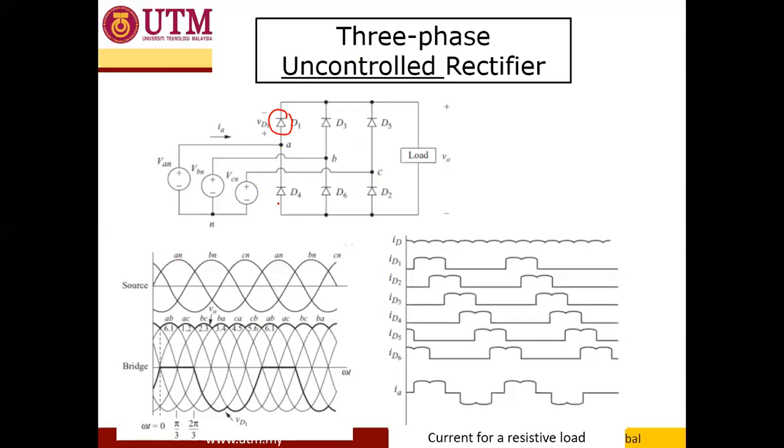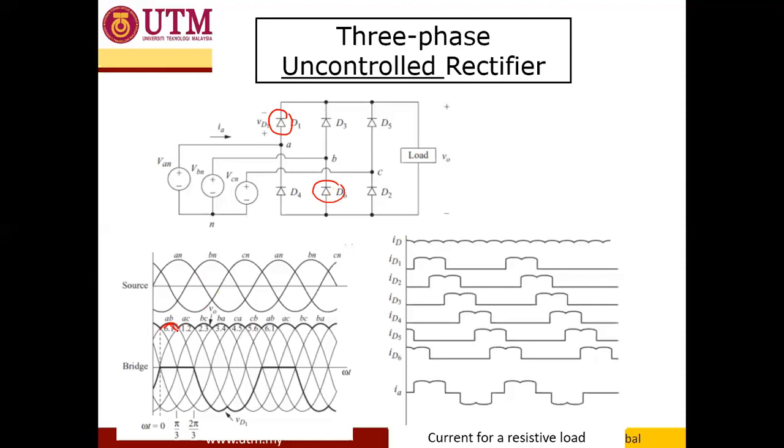To determine which diode in the lower group will turn on, we look at which diode cathode is connected to the most negative value. For this instant, the most negative is VBN, so D6 will turn on. So for this first pulse, D1 and D6 will turn on.